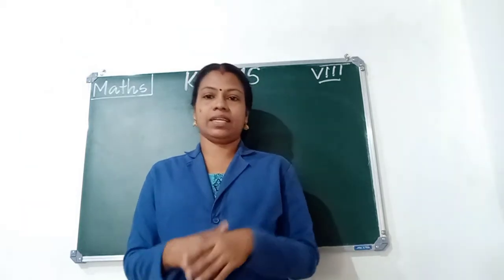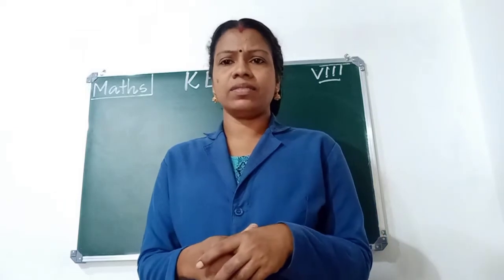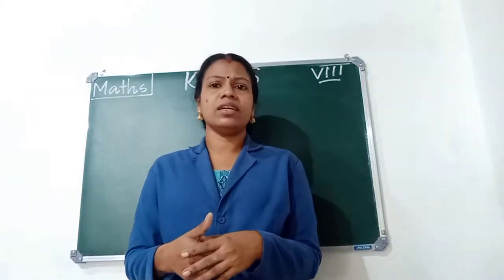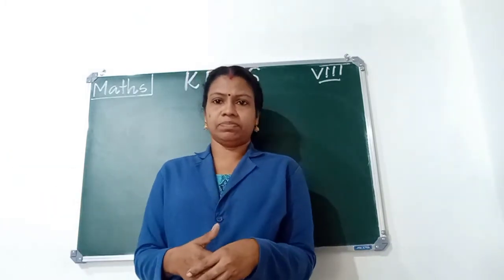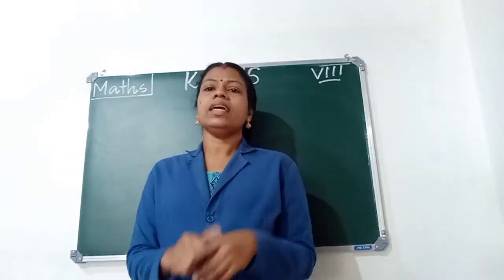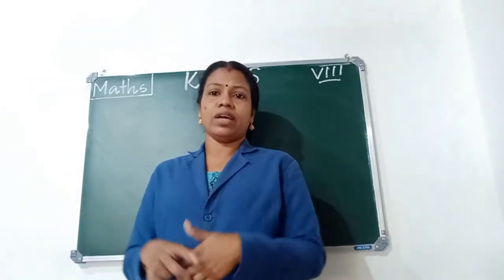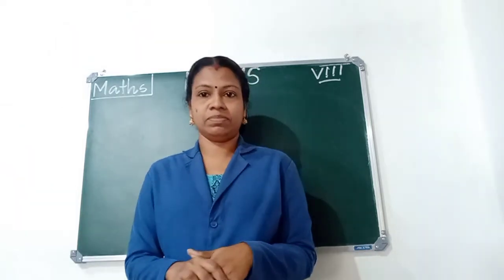Okay, let's see. How will you find the square of a number? Yes, you all know that the square of a number is that number multiplied by itself. Here I am showing another method to find the square of a number without any multiplication.